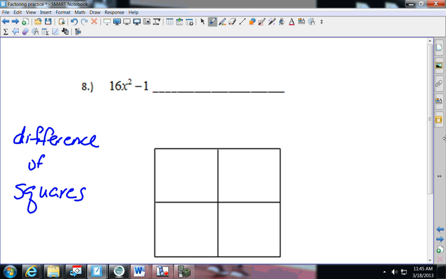Difference of squares means that inside here, they're the exact same. This is an example. Exact same, but what? One's positive, one's negative. So they look exactly the same, but one's positive, one's negative. So if I split this up here, what number could I put here and here that would give me 16 that's the same? What number times itself gives me 16? 4.